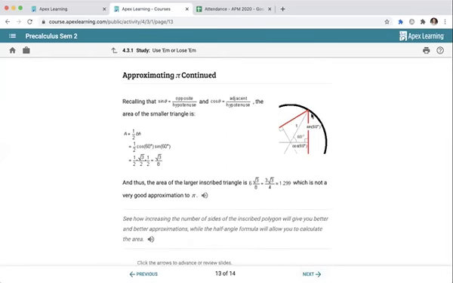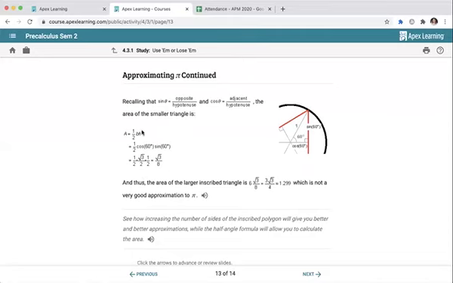Recalling that sine is opposite over hypotenuse and cosine is adjacent over hypotenuse, they can look at the radius, or they can look at it based on area. So for them, they've got area equals 1/2 base times height, because that's how we could get the area of a triangle here.